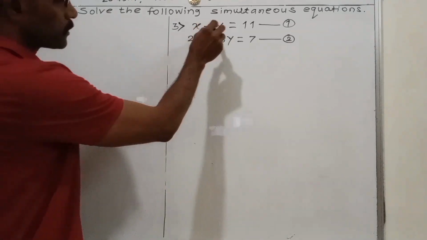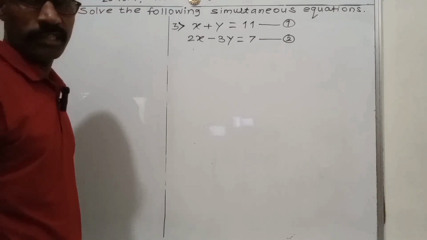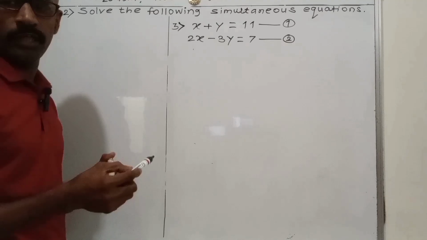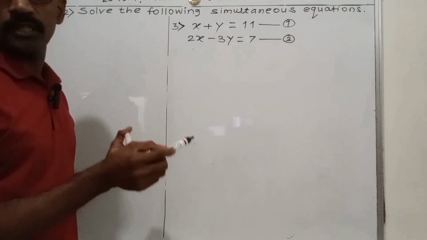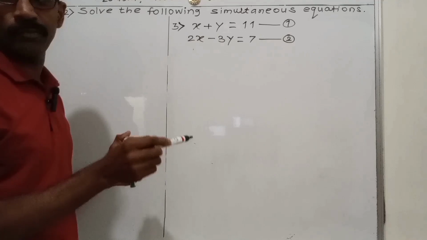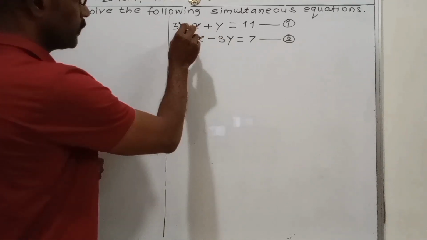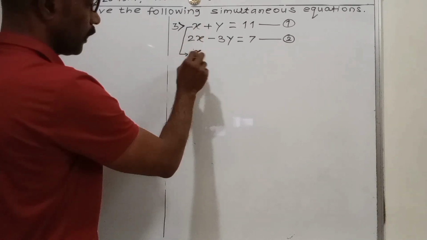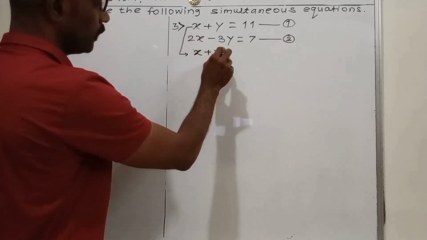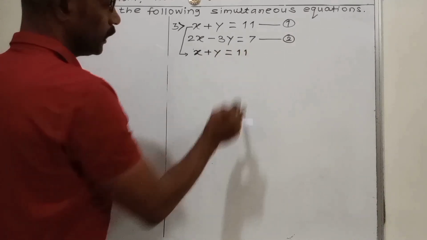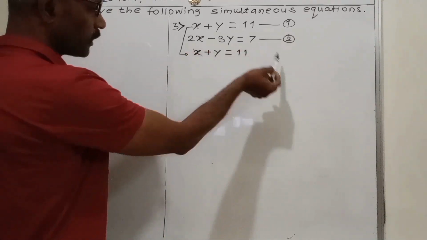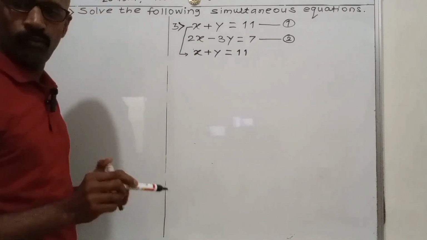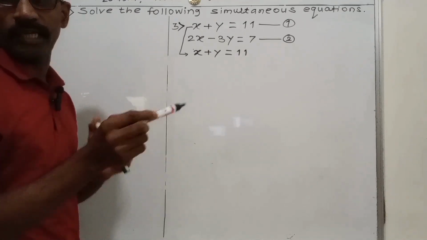Third example, x plus y is equal to 11, equation number 1. 2x minus 3y is equal to 7, equation number 2. Here also we use the substitution method, because this method is very simple. For that, we take equation number 1, x plus y is equal to 11. Now take any one variable to the right side.